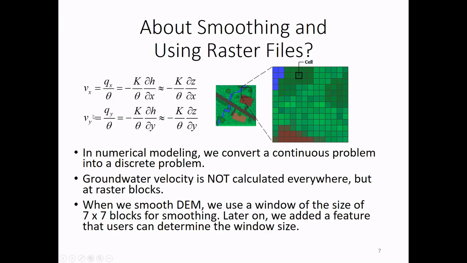Instead, we calculate velocity for each raster block. Based on this raster file, we can do smoothing for the DEM. We use a moving window, and for the window size we always prefer 7 by 7, but we give users the option to use a different window size. But again, we actually never use anything other than 7 by 7.